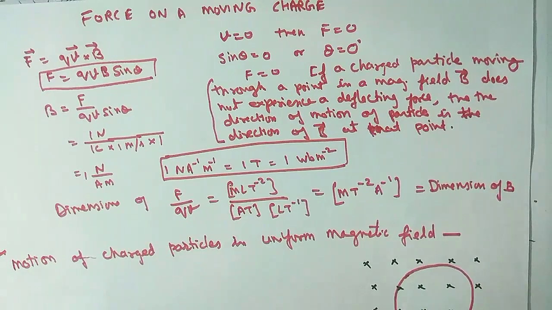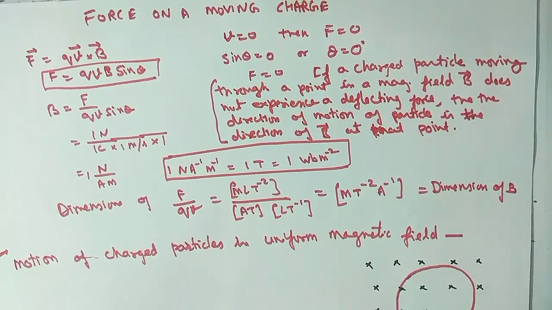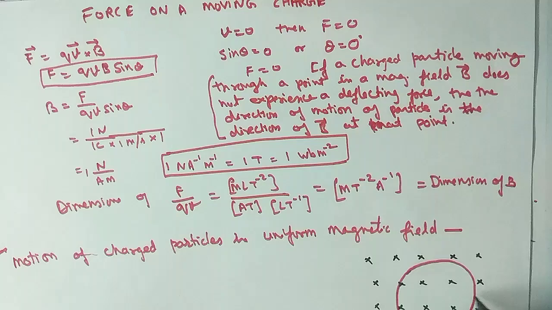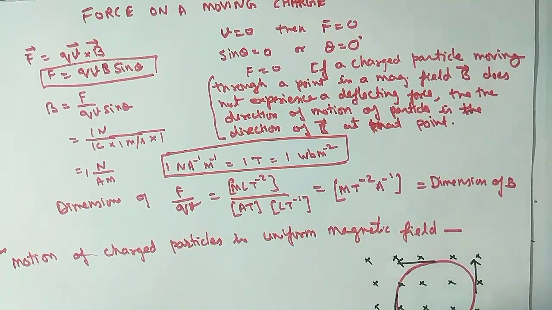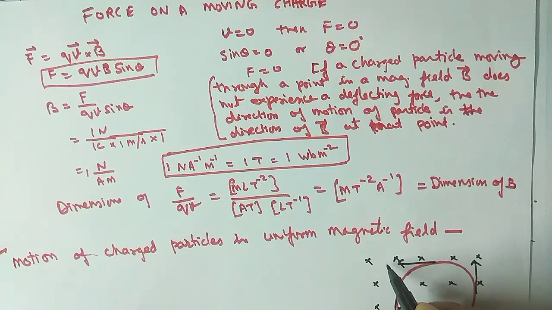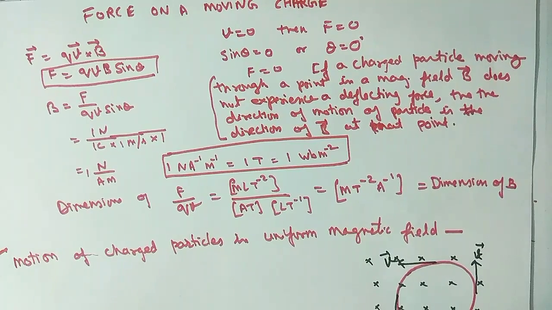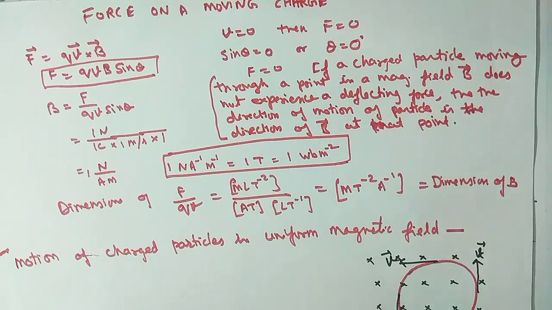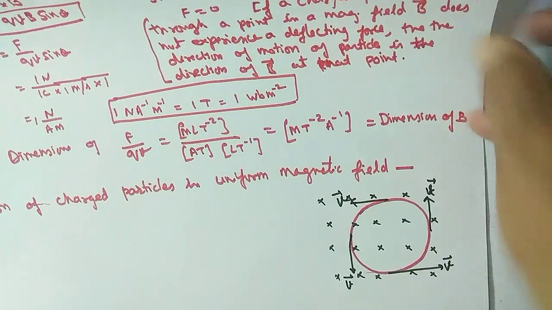Suppose this is the direction of the positive charged particle I am showing here. It is moving in uniform circular motion. This is the velocity V at each point. Because it is the direction of the positive charged particle, it will be the direction of the current also.